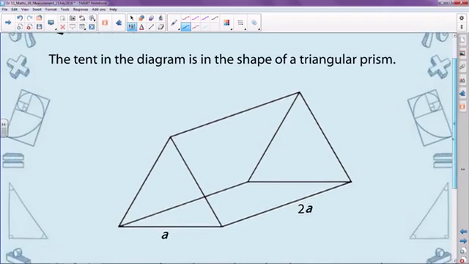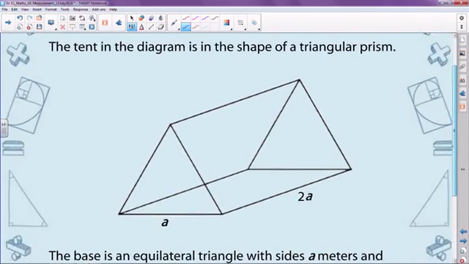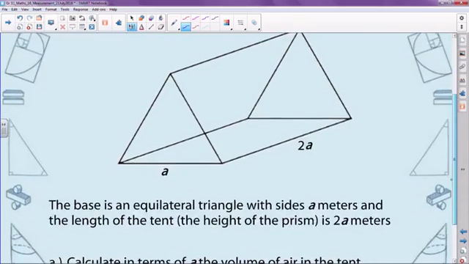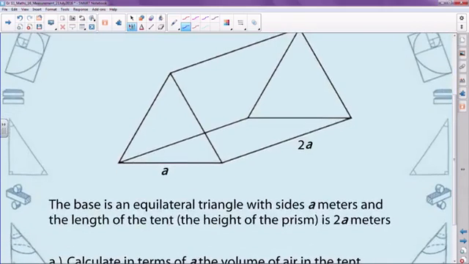Now, questions. The tent in the diagram is the shape of a triangular prism. Okay? The base is an equilateral triangle with sides A meters, and the length of the tent, the height of the prism, is 2A meters.